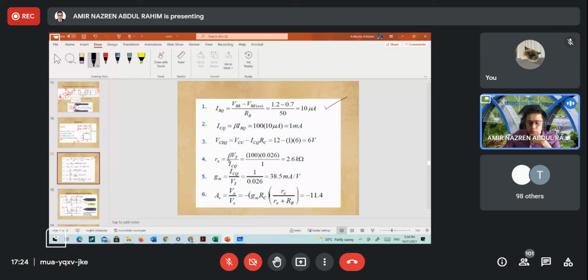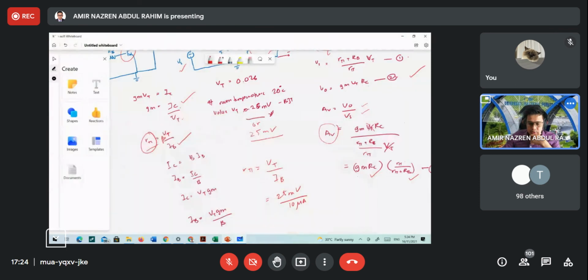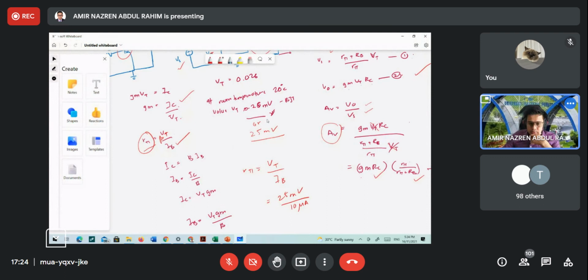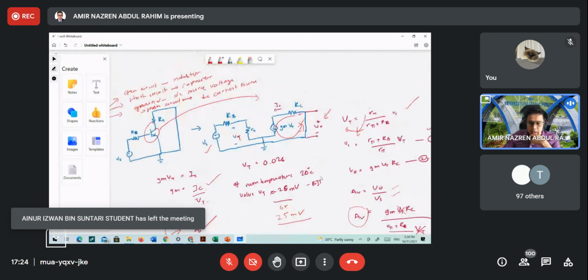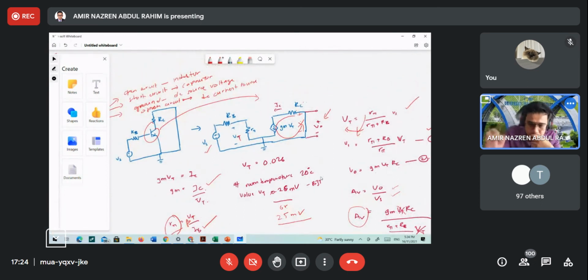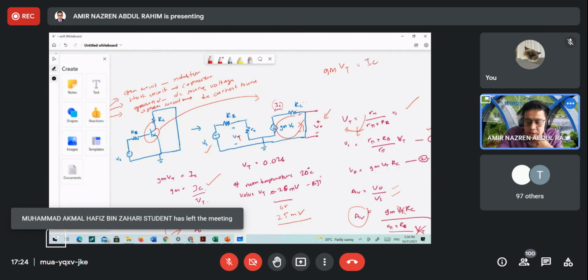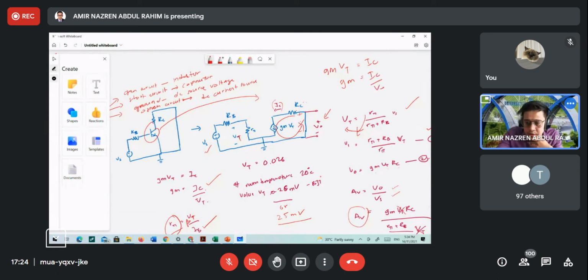To find the value of GM, we need to use IC over VT. So why did this formula come about? GM times VT is a current of IC, so equal to IC. To find the GM, so IC over VT.